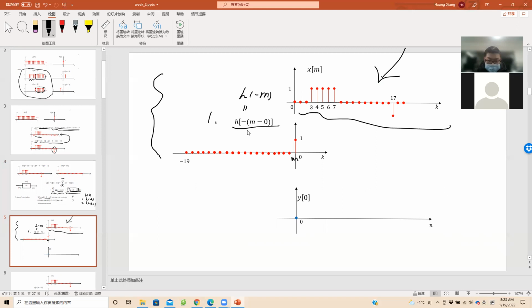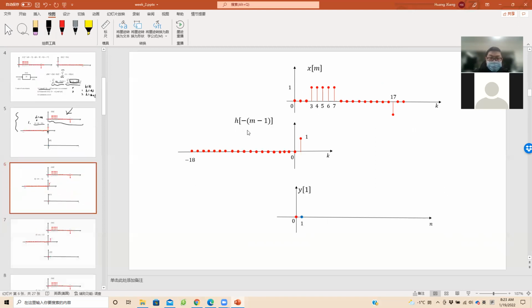And okay, next is to generate y of 1. To generate y of 1, we should shift the reflected h to the right by 1 unit, and do the production and the summation, and you can get the result of y of 1. It is still 0.